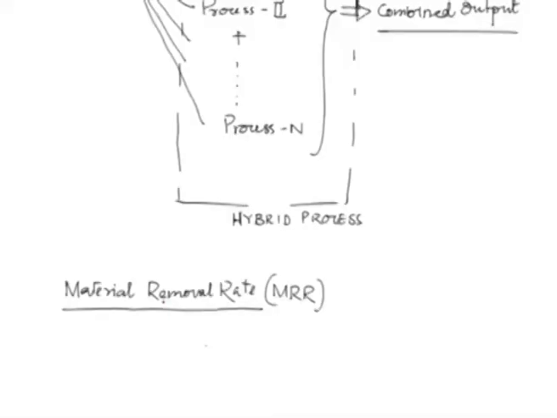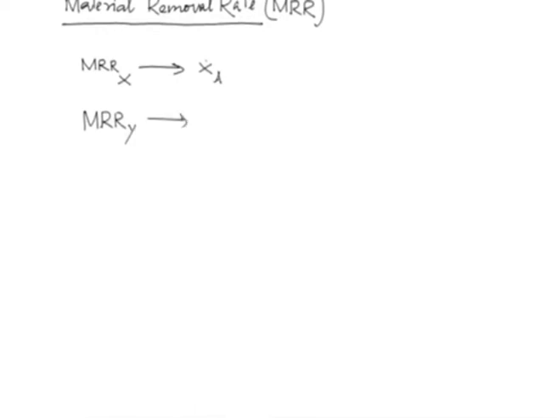Say for example, material removal rate or MRR for process X is given by X, then MRR of process Y is given by Y.